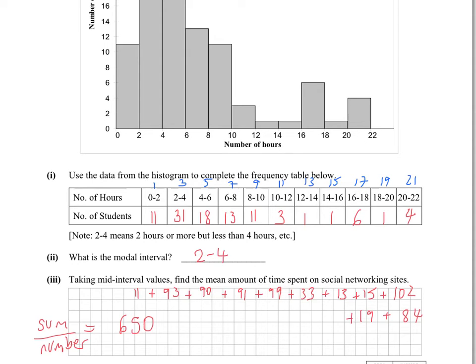It says right at the beginning of the question that the histogram illustrates the answers given by 100 students. So there are 100 values, and if you wanted to, you could add up each of these frequencies and you should find you get 100. So the mean average is 6.5, and put the units, hours.